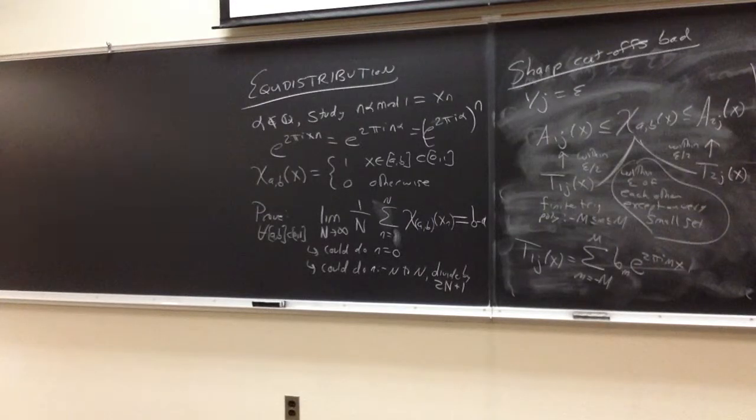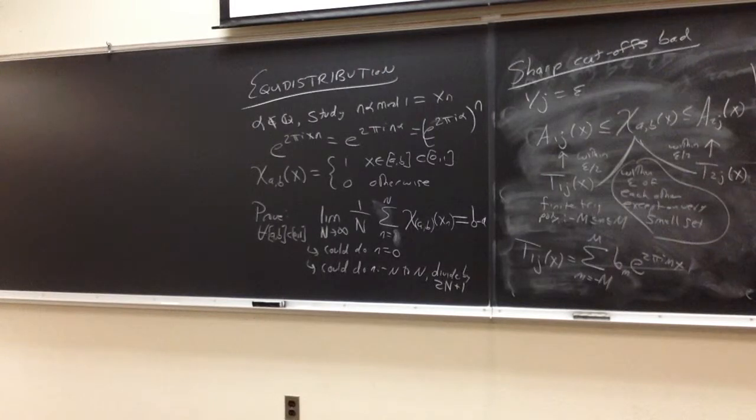So now when we look at what goes on, we want to look at the limit as n goes to infinity of 1 over 2n plus 1, the sum n goes from minus n to n of chi ab of xn.